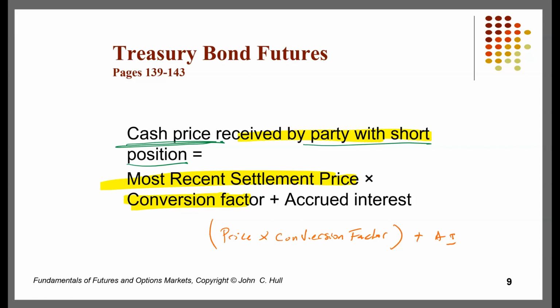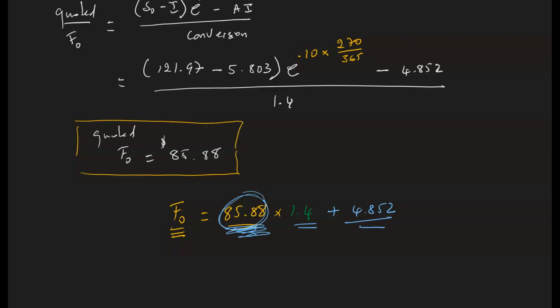Our conversion factor was 1.4, and our accrued interest was computed there. Overall, what we obtained is the actual amount of money that the short party is going to be receiving. However, the quoted price on the futures is going to be that value here, and our quoted price on the future here is going to be the 85.88.